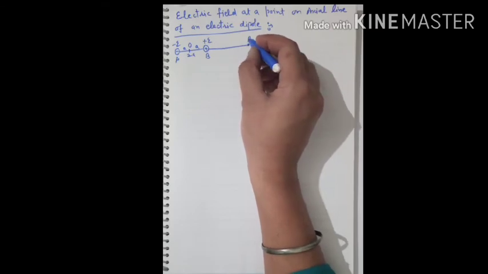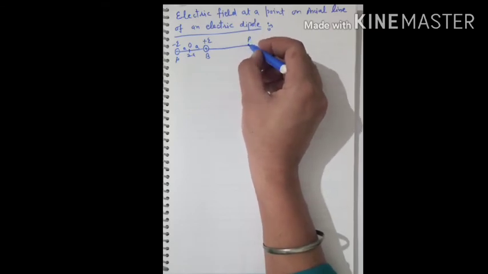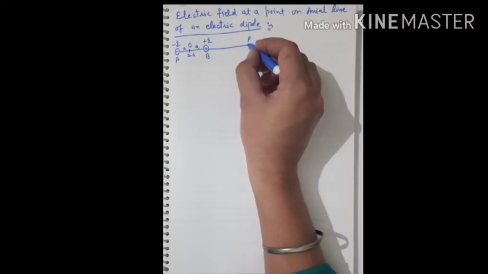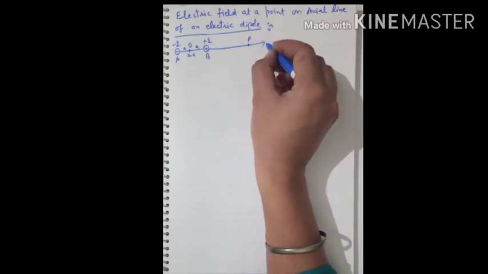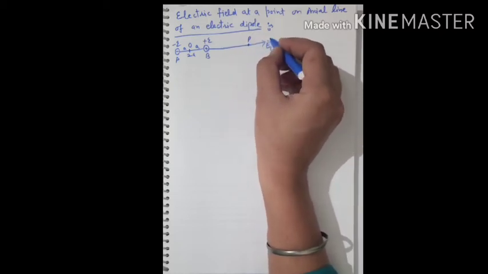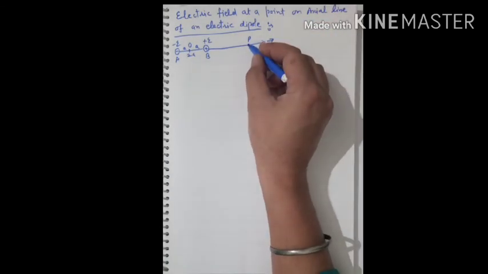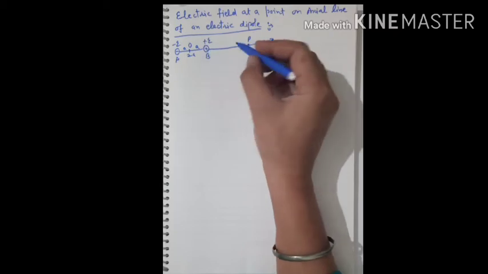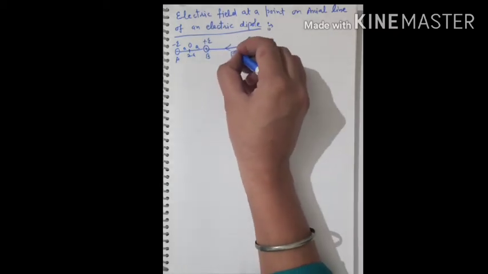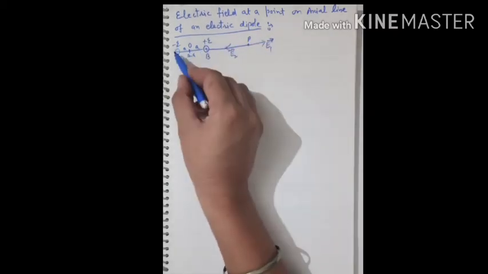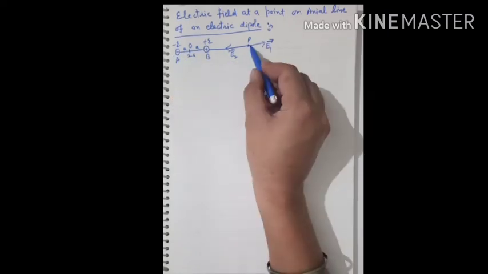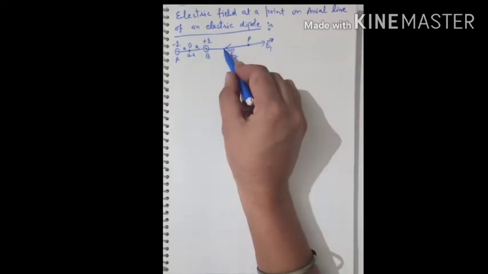P is the point where the electric field intensity is to be determined. Here we place a test charge q0, and the electric field intensity here is E1 vector, due to the positive q charge, and E2 is the electric field intensity due to the negative charge. Here is a repulsive force, and here is an attractive force.